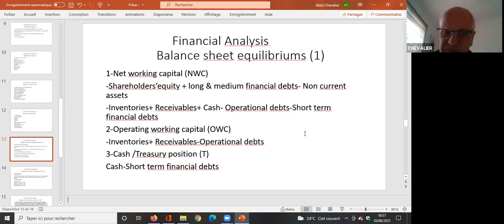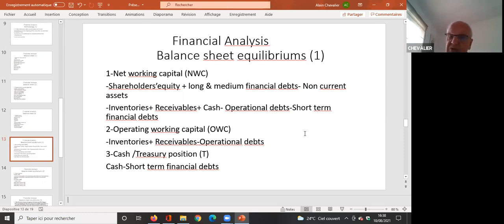But if it is positive, that means the level of the operational debt is not sufficient to finance the inventories and the receivables. So that means it has to be financed another way. We have to finance this amount which is left not financed, either by the net working capital or by the banks in general.